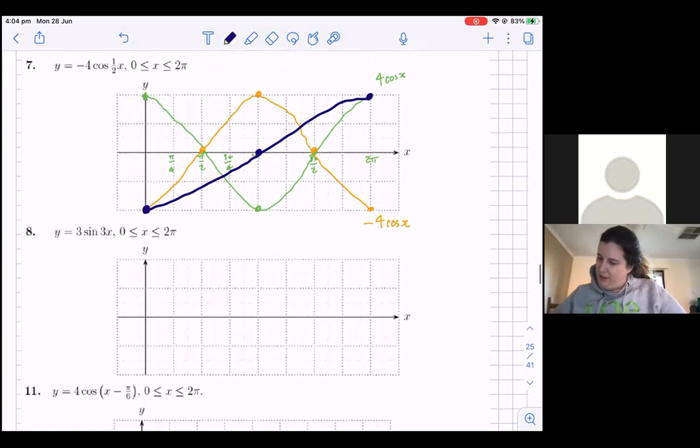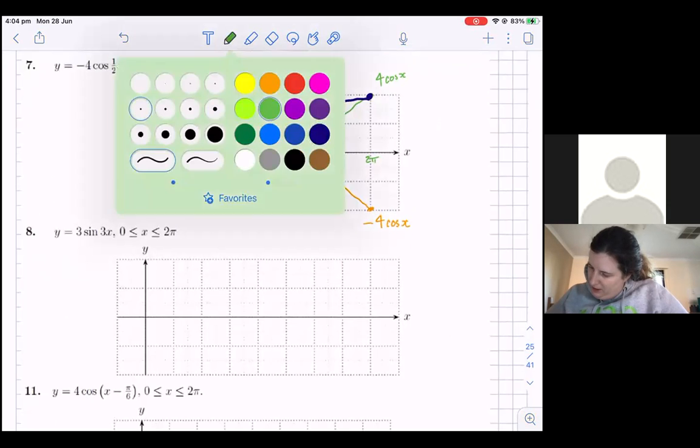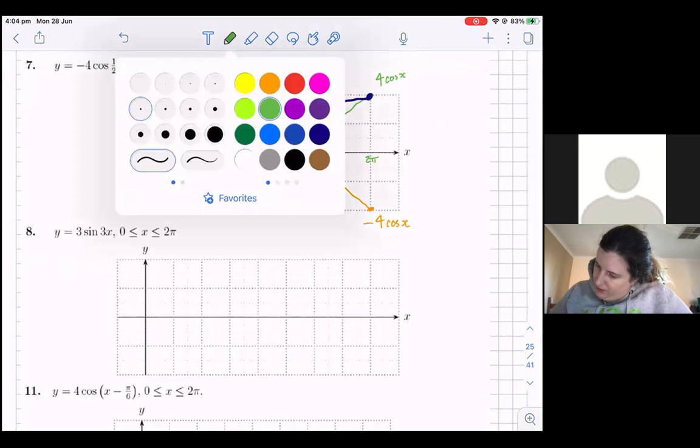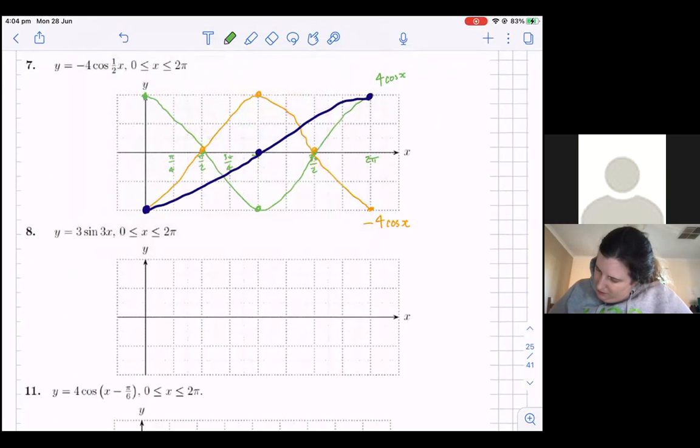3 sine 3x, so this time it's going to happen 3 times as often. This is going to be a doozy. So normally pi on 2, pi, 3 pi on 2, 2 pi.